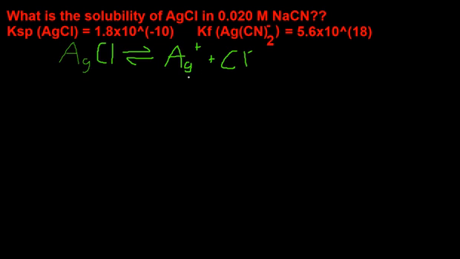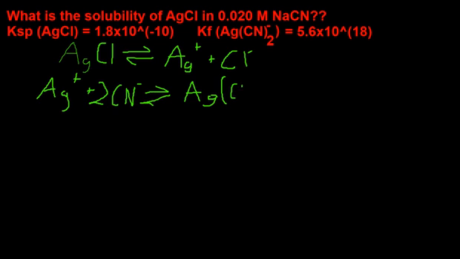And then we have our other equation where we have silver ion and cyanide coming in. So we're going to have two cyanides, and these will be complexing with our silver to form Ag(CN)2, which is negatively charged overall, of course.